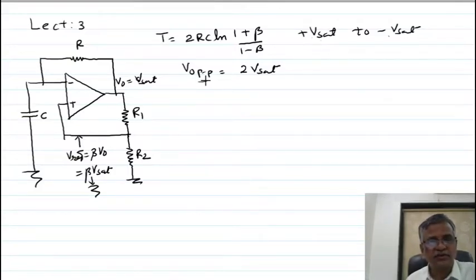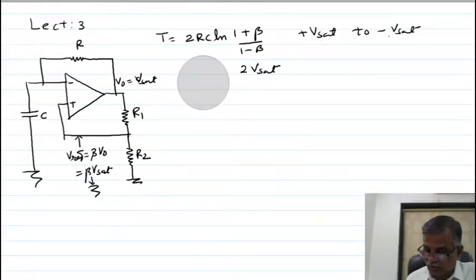There are many ways to change the amplitude of the output. First is by changing the amplitude of the power supply voltage. Second, you can change it with the help of a Zener diode.